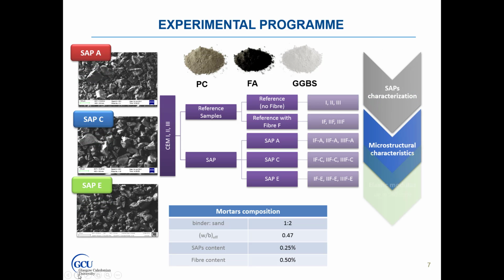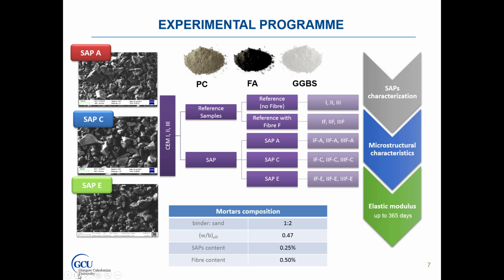Since the effect of SAP in a cementitious matrix depends on a number of parameters such as the polymer shape, size, cross-linking density, chemical structure, and ionic concentration of the surrounding pore solution, three types of SAPs with different particle sizes and different water absorption capacities were analyzed.